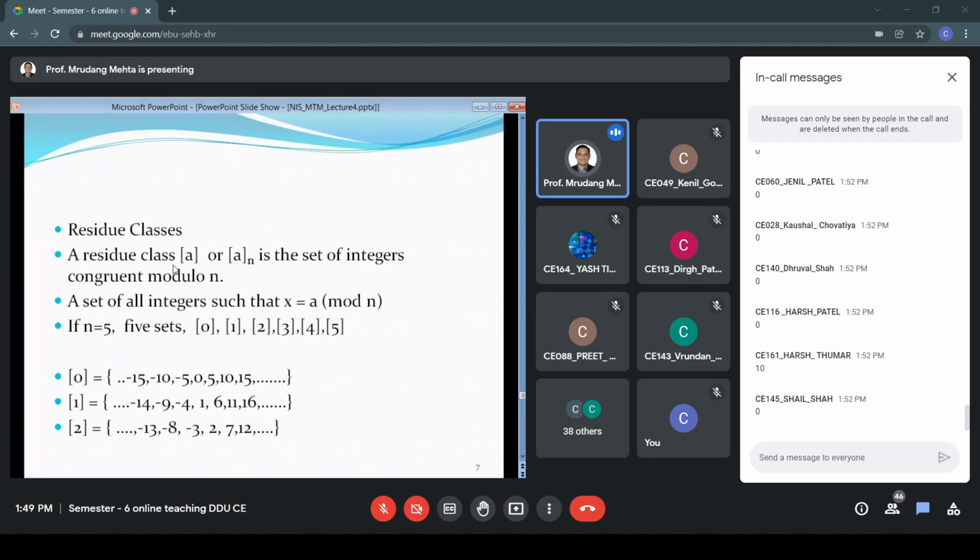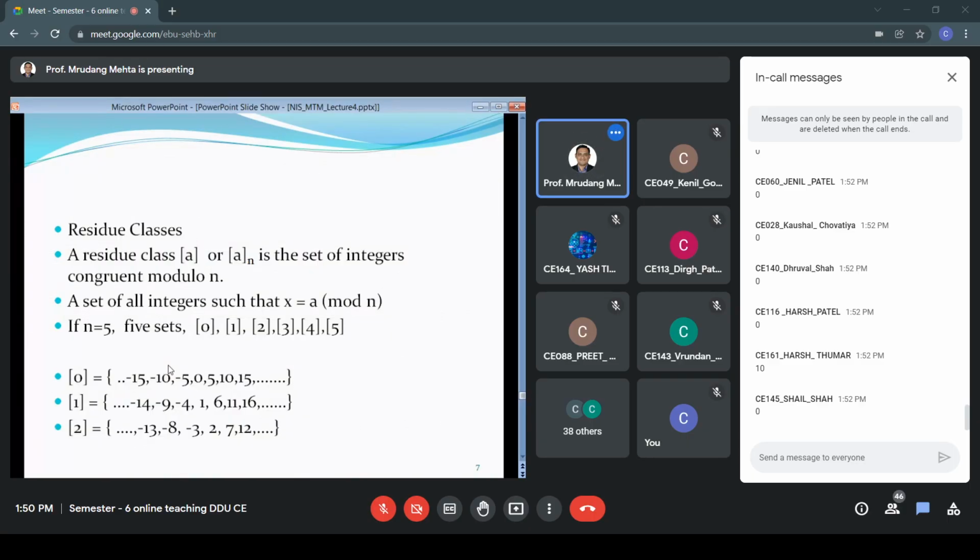So if you take minus 14 divided by 5, so 5 into 2 is 10, then minus 4. Then minus 4 mod 5 is minus 4 plus 5, so plus 1. So 1 is the residue of minus 14.